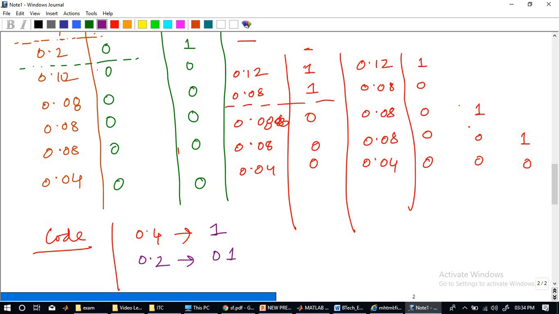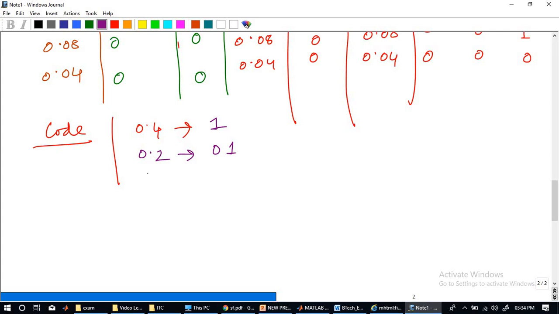But while I was taking, I took the variation out here. The partition I took was between 0.2 and 0.12 and the rest as 1. So my codes will be different. So you tell me the value. 0.2 is 01. Okay. 0.12 is 001.